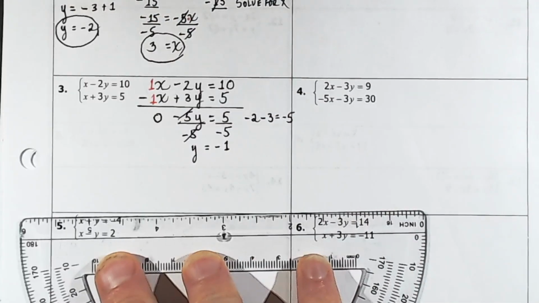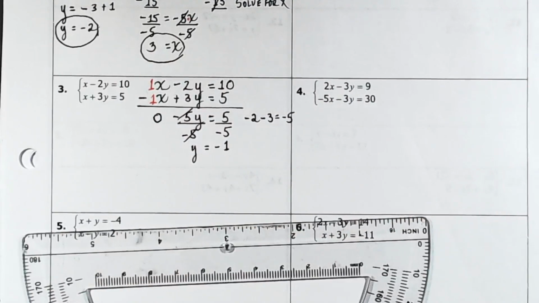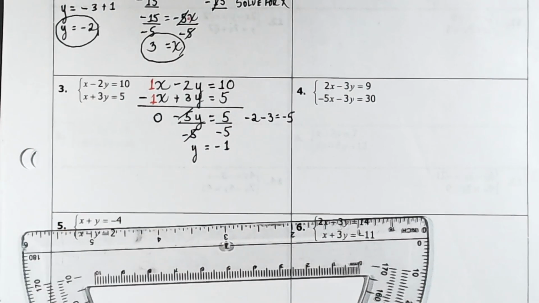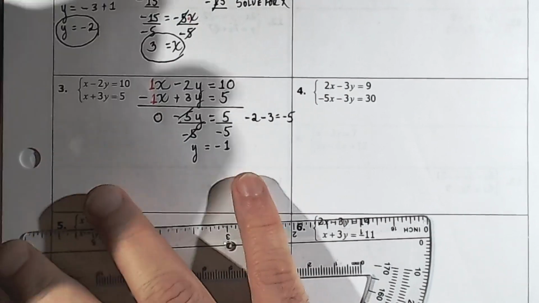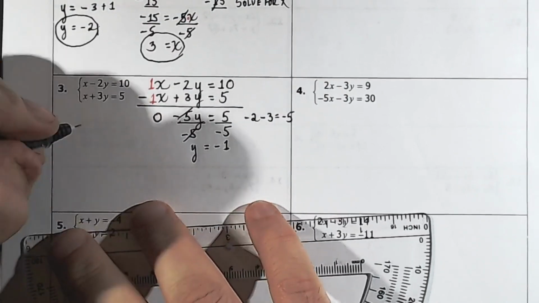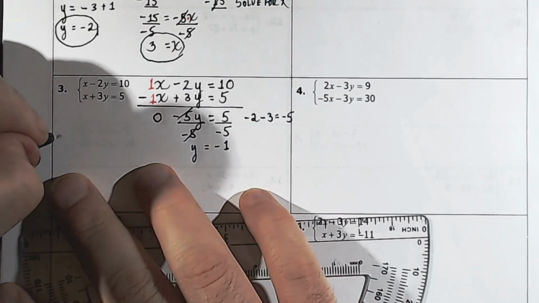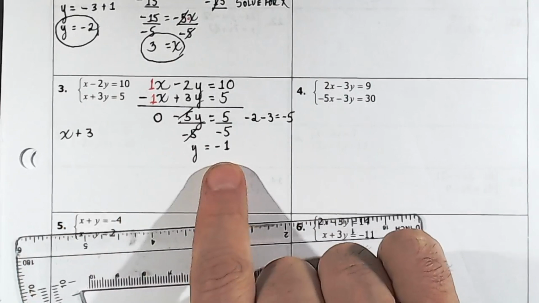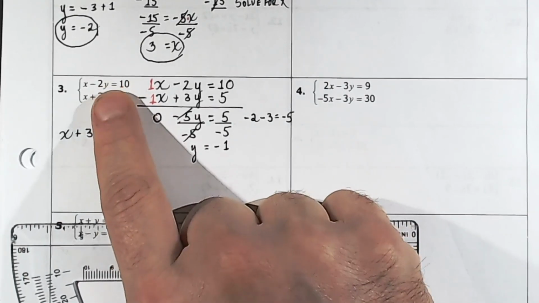And now I can plug this number back into either of my two equations. In this case, it doesn't really appear that there's much of a difference. I'm going to choose the bottom equation, since in the last problem we chose the top. And what I'm going to do is write x plus 3. And I'm going to stop and think, what is y? So I'm not going to write y.